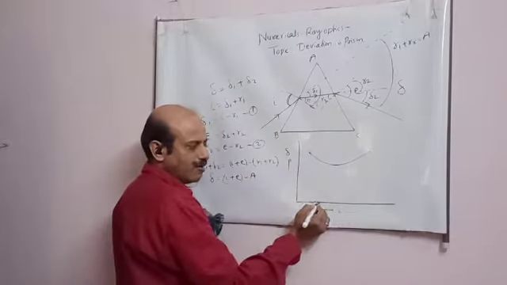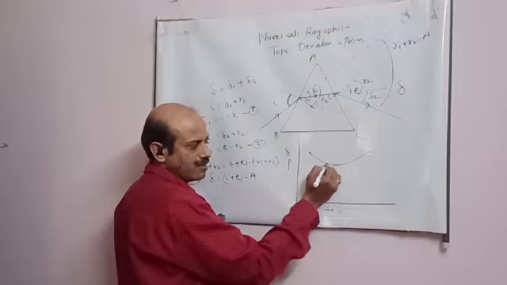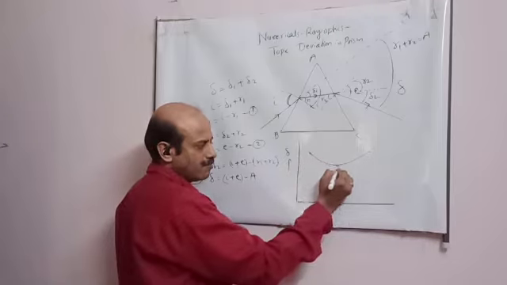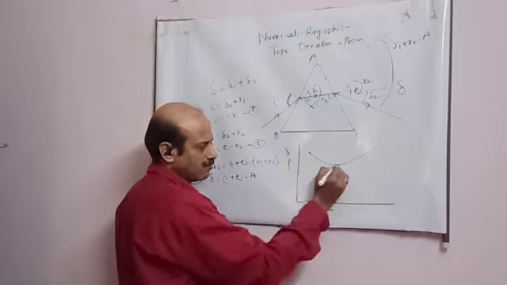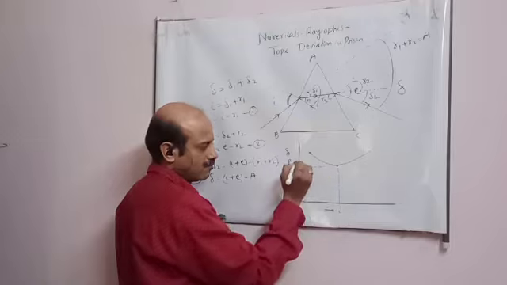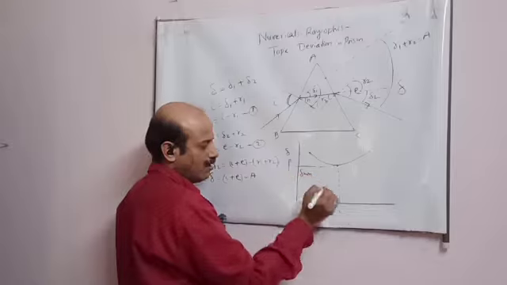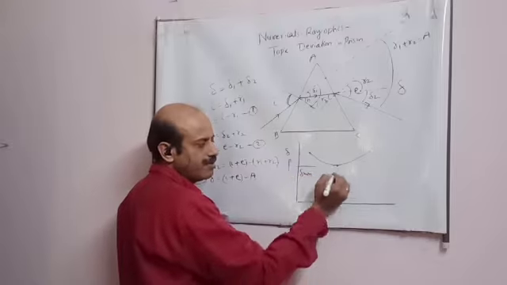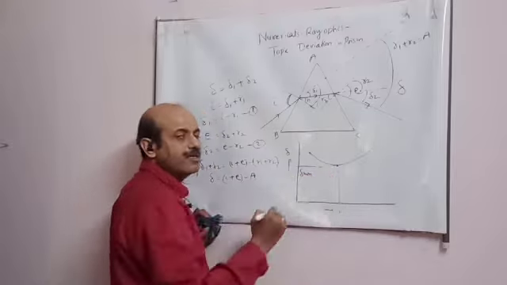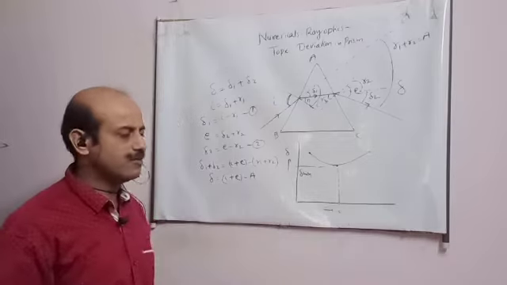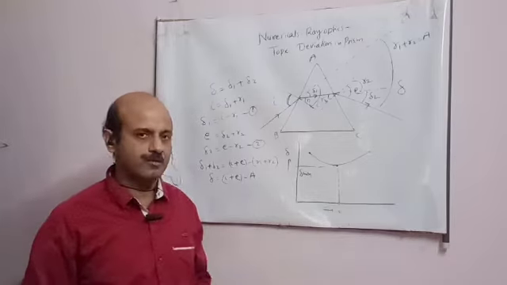First, with increase in angle of incidence, deviation decreases. It becomes minimum, and then with further increase in angle of incidence, the deviation again increases, student. This was the graph obtained experimentally.